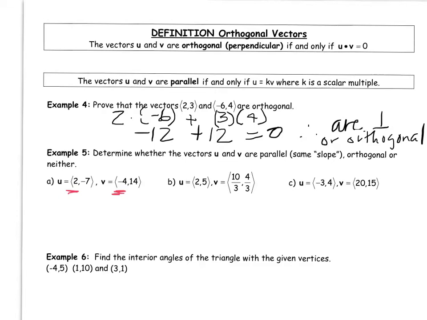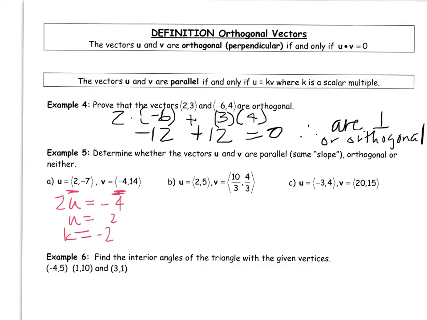So what would I multiply u by to get v? I'm thinking there's some kind of scalar of each other. One way is: 2 times what number is going to equal negative 4? When you do that, you realize that your k value is negative 2.